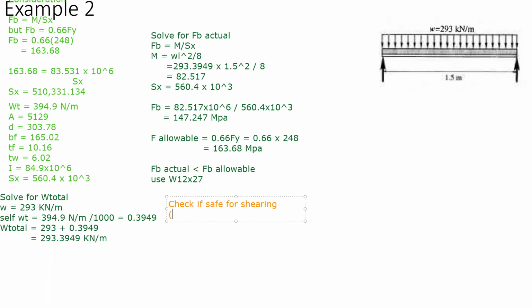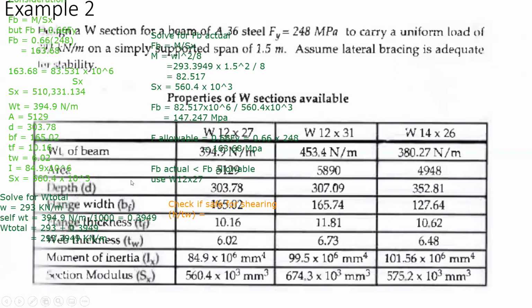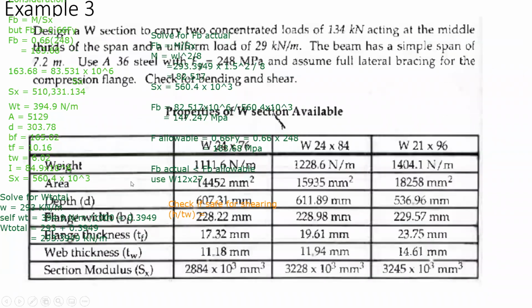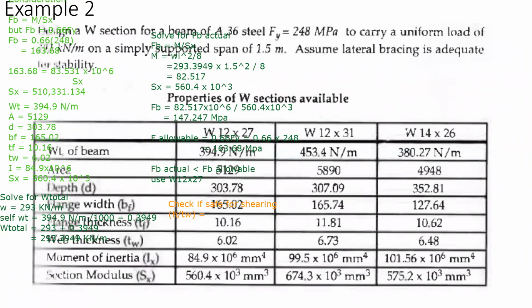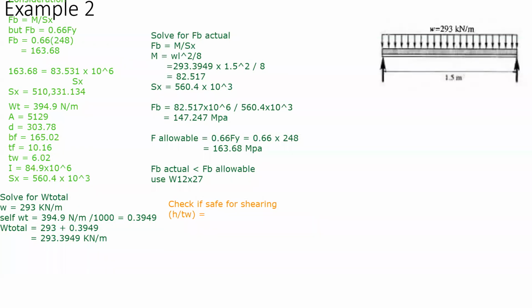So this is h over the thickness of the web. Let's see what the values are.